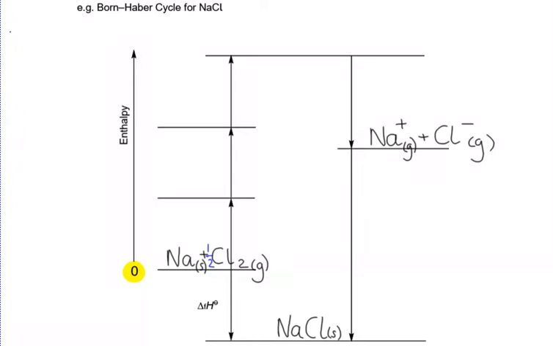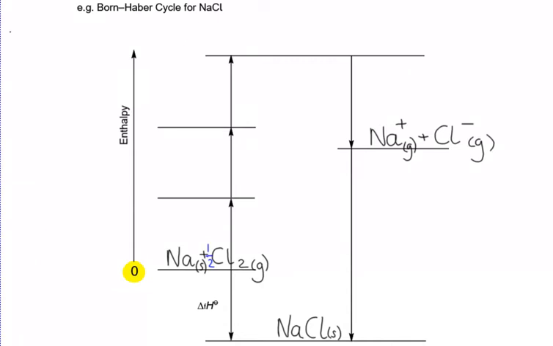And you've got to think, all those processes that we just talked about, which one will I need to do in order to convert sodium solid to sodium ions gas, and chlorine, half a chlorine molecule gas, to chloride ions gas. And it's helpful to remember a sort of order, and the order that you can always do and get these questions right is atomize, atomize, ionize, and then electron affinity.